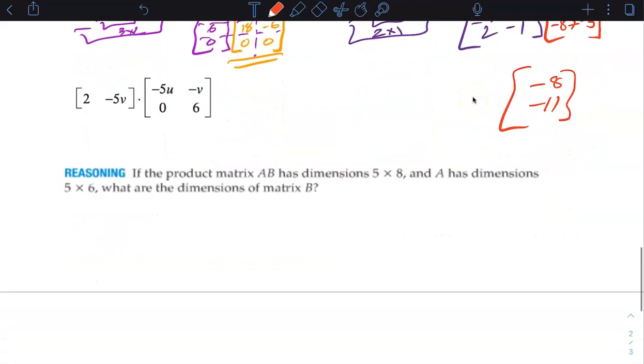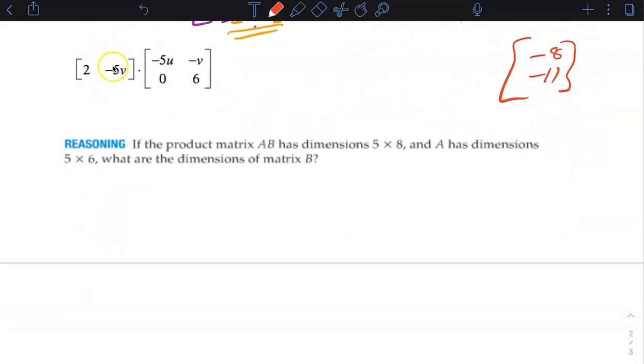This one. So this is the way I can make you do it where you can't use the calculator. I'm not sure if Desmos can do it, but you definitely can't do this on the calculator. You can't put variables. So that's my hack to make sure you do it by hand, like we have to do here. So I could multiply these two, and I would get a 1 by 2.